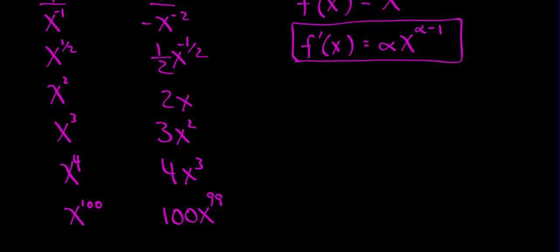If you get a 0 on top but not the bottom, the limit is 0. If you get 0 over 0, then you're going to factor and cancel. You're going to multiply by the conjugate, multiply by the denominator, or expand out and cancel like terms. The tricks. In other words, there's a finite number of tricks.